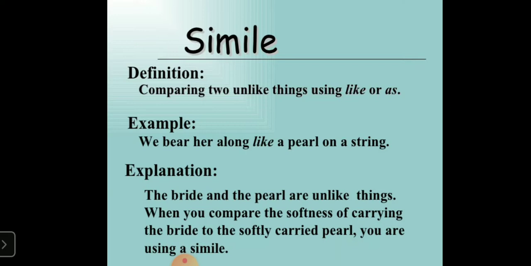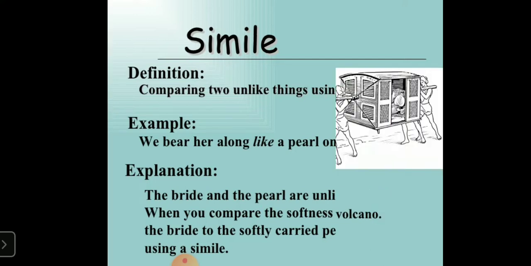We are comparing the softness of carrying the bride to the softly carried pearl, right? So here we are using a simile because two completely different things are compared with each other with as or like.